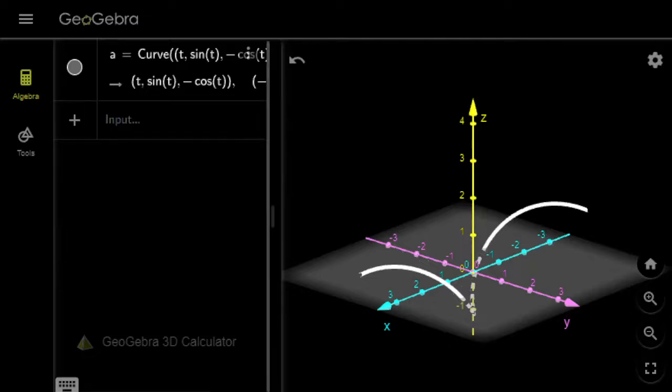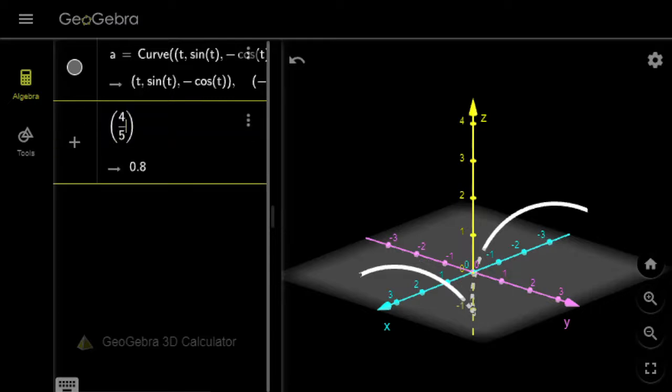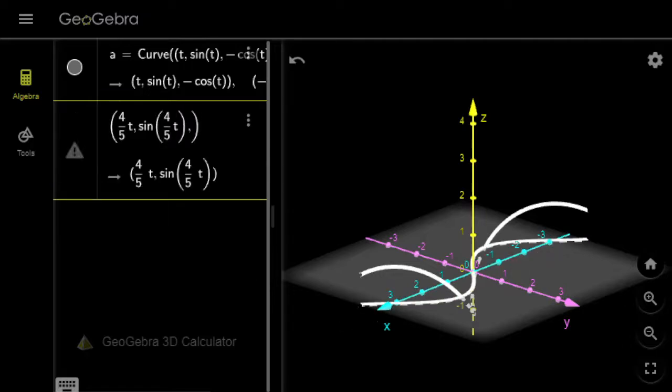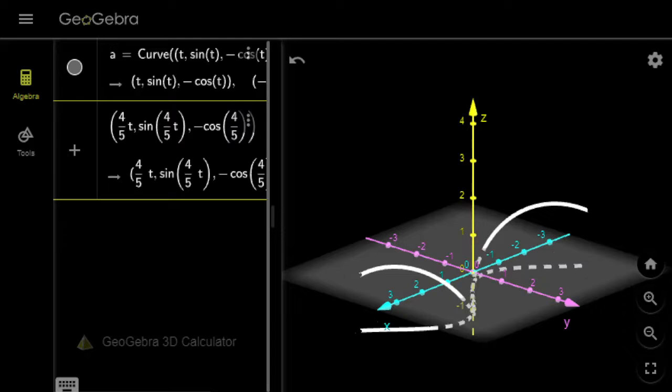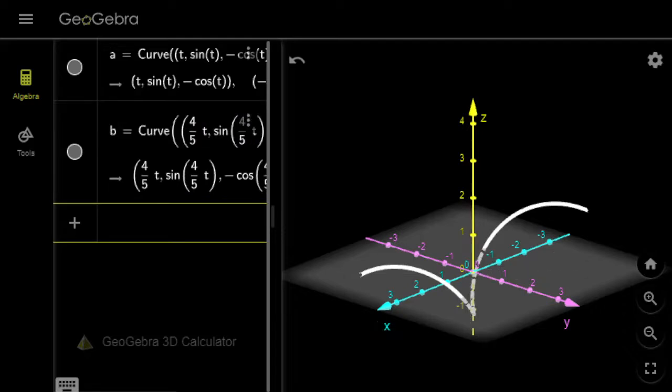All right, so that's interesting, but not really all that useful to us. So let's get these out of the way. Instead, we have to use t again, but we'll use the t star. So it was 4/5 t, sine of 4/5 t, and the negative of the cosine of 4/5 t. Now if I get rid of these, you can see that there's the new graph.